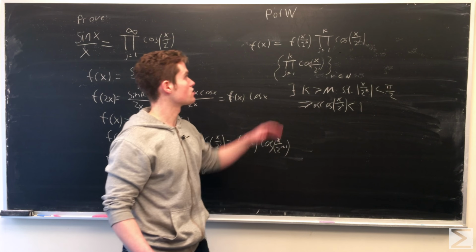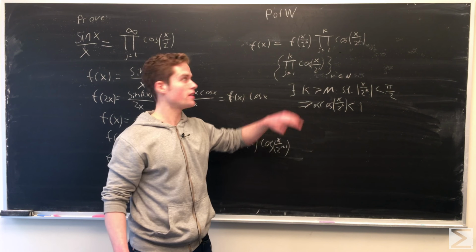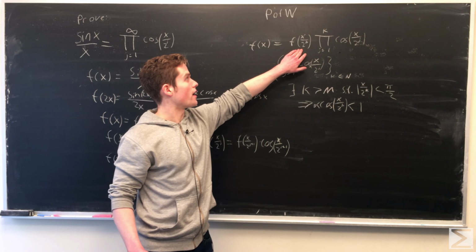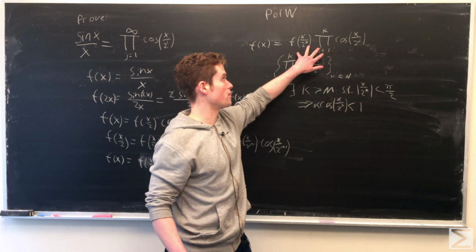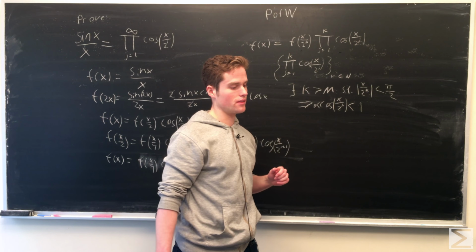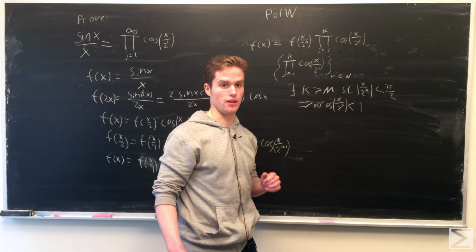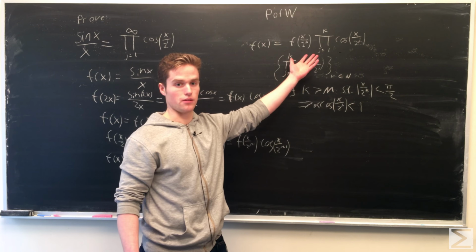So now we know as k goes to infinity, f of x over 2 to the k converges. We know this product converges. So we know the limit of the products equals the product of the limits. So we know this whole thing will converge.